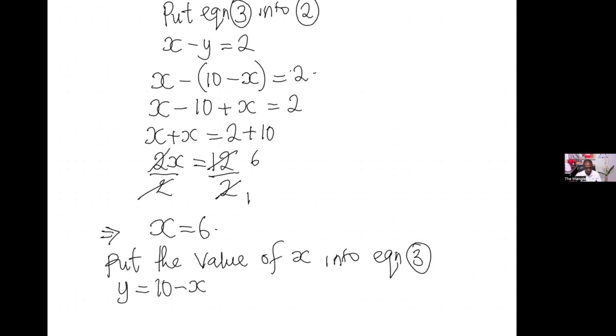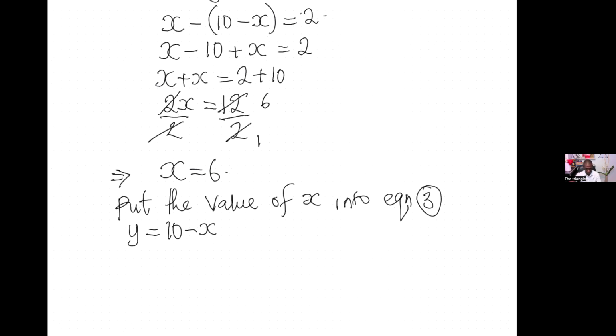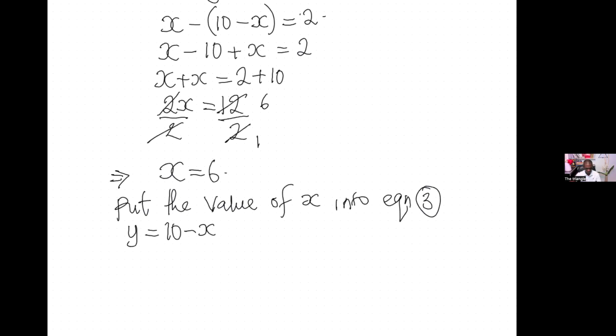Now, let's go further. What is the value of x? The value of x is 6. So we'll substitute 6 for x. So we have 10 minus 6. Now, 10 minus 6 will yield 4. As you can see, we've gotten our values.